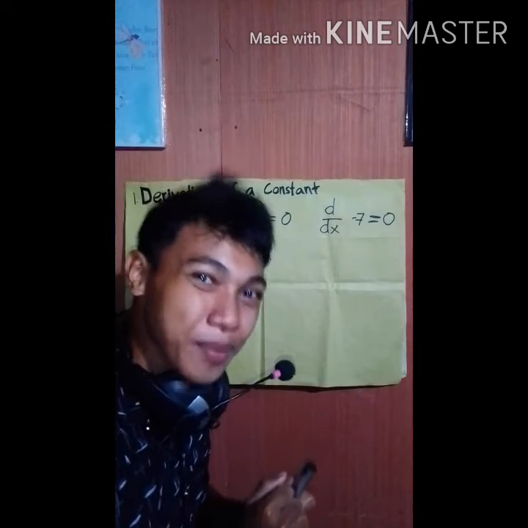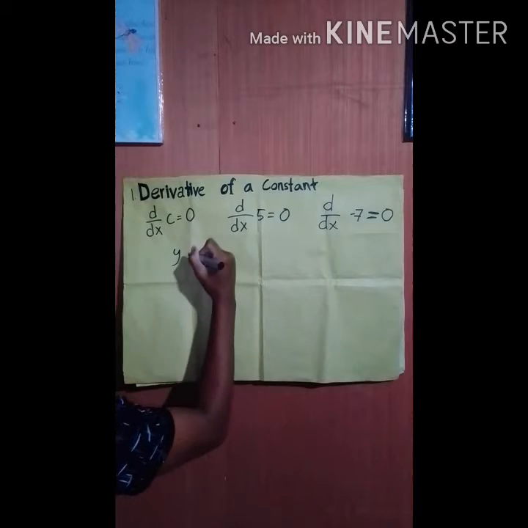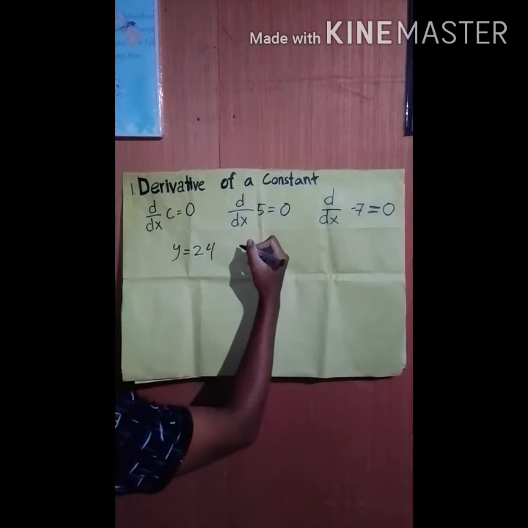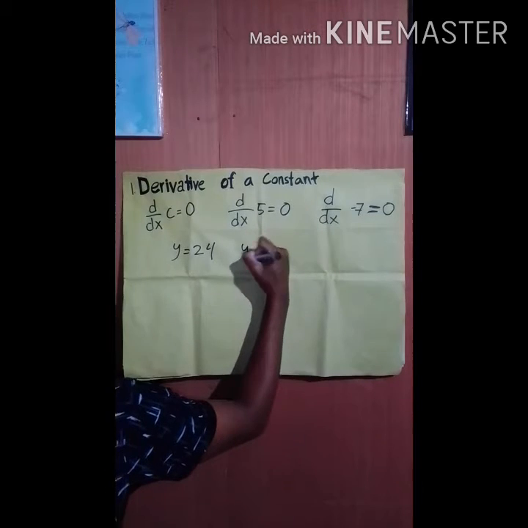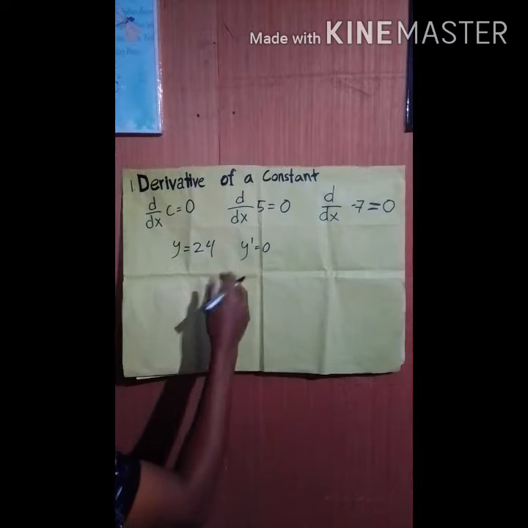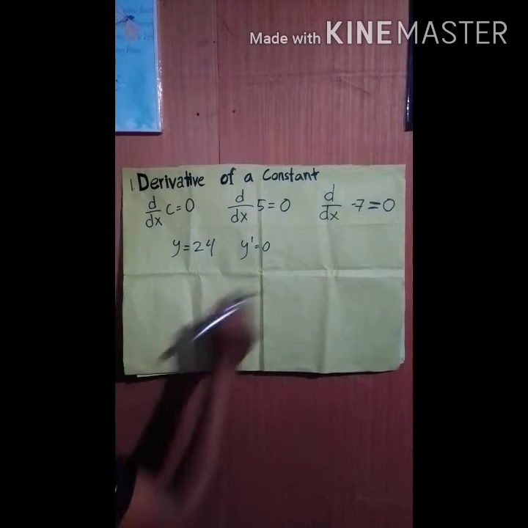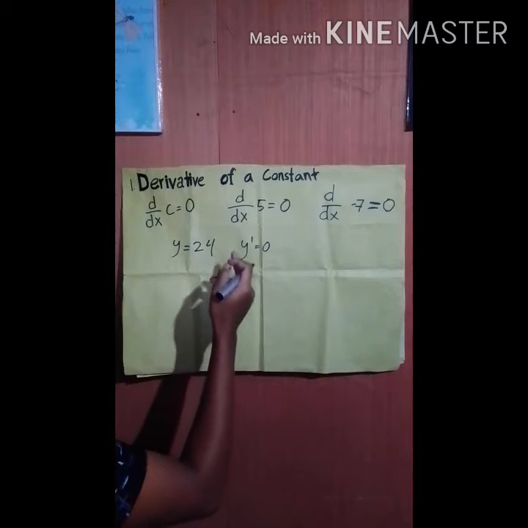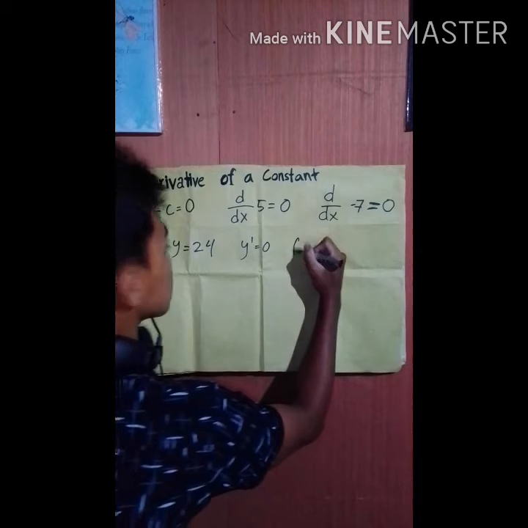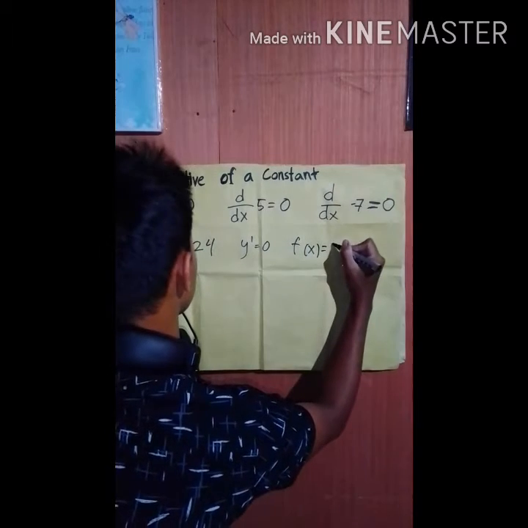So, let's do some examples. y is equal to 24. So y prime is equal to 0. The derivative of y is 0, written y prime equals 0. Another one, f of x is equal to pi.